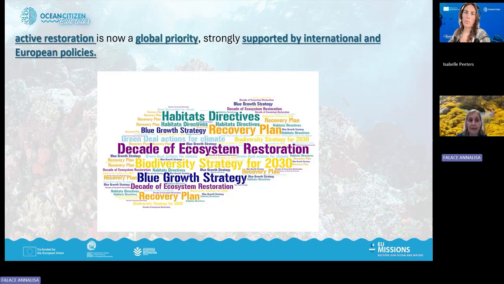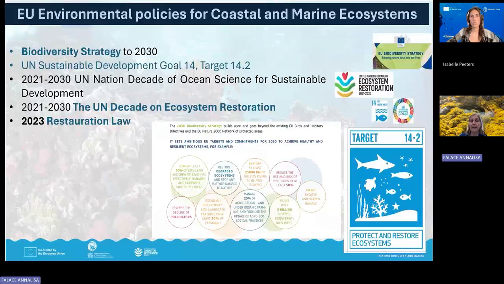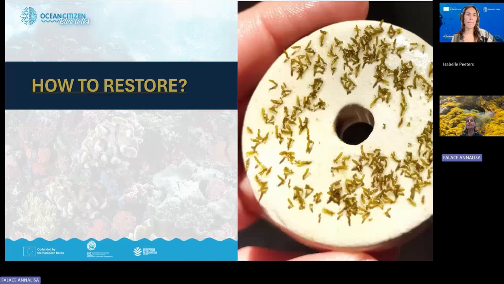At present, active restoration is considered a global priority, strongly supported by international and European policies such as the biodiversity strategy, the Decade on Ecosystem Restoration, and the more recent restoration law. So we recognize the importance of this ecosystem and the importance of restoring it.